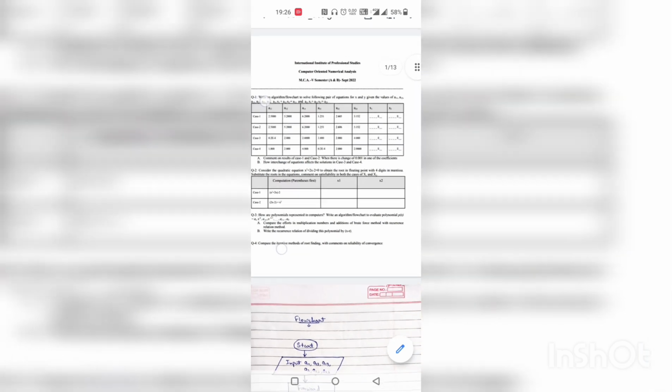Now we have solved all the 4 cases of the question, and let's get back to the question. The first part of the question says, comment on the result of case 1 and case 2, where there is a change of 0.0001 in one of its coefficients.